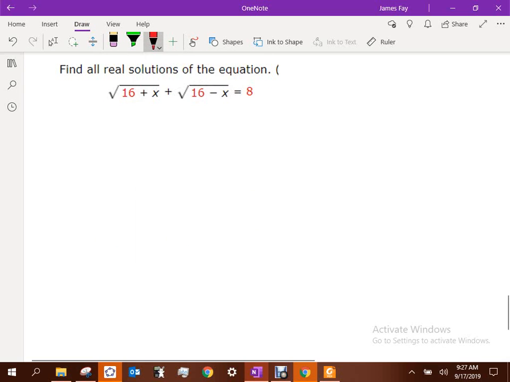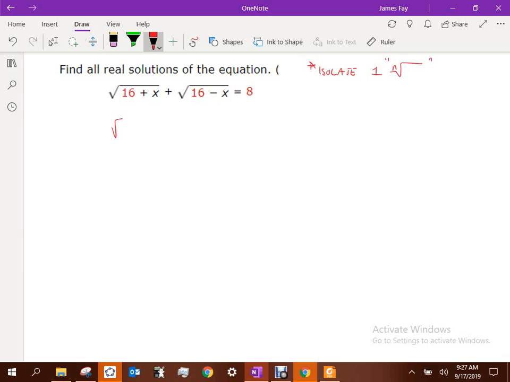All right, so the first thing you have to do is isolate one radical symbol. You need to isolate either one of them, it doesn't matter. So I'm just going to isolate the first one.